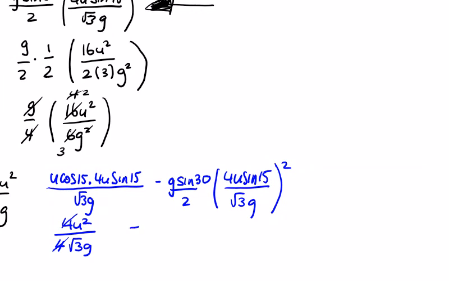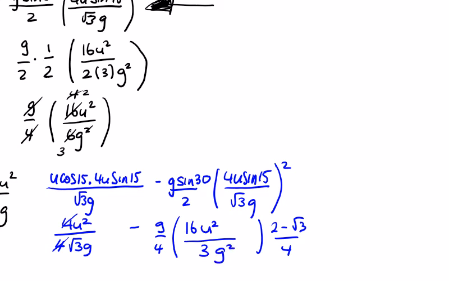And then we're going to get minus, we've done this one already, it's going to be g over 4, because sine 30 is a half, by 16u squared by sine 15 squared, which on my calculator gives me 2 minus root 3 over 4. Okay, well, let's bring that outside the bracket. 2 minus root 3 over 4. And on the bottom, we're going to have 3g squared.